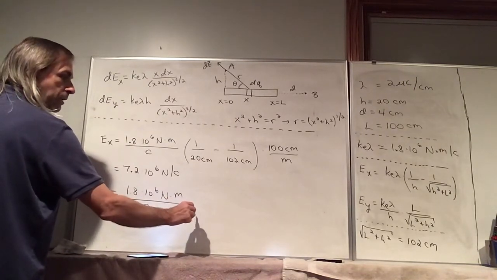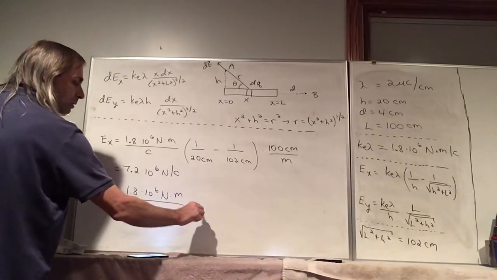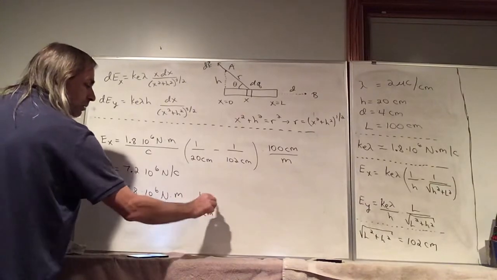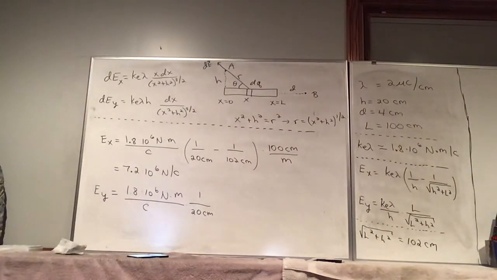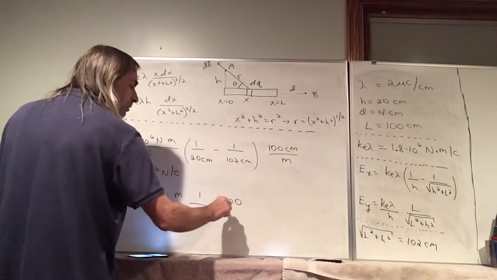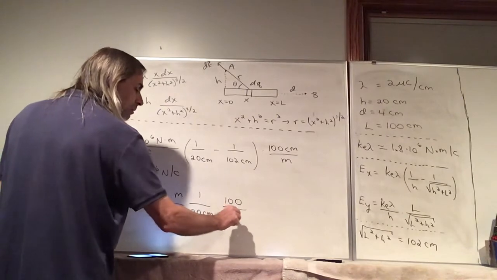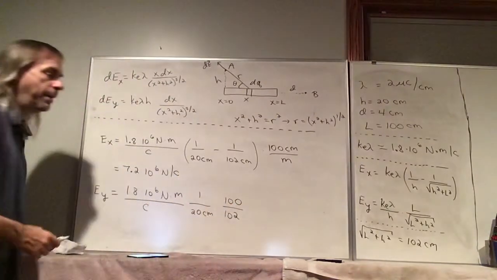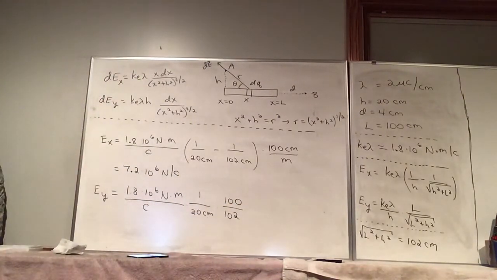H is 20 centimeters, and then we have L, which is 100 centimeters. And then that square root on the bottom, we already did that, 102 centimeters. So I just canceled out the centimeters.